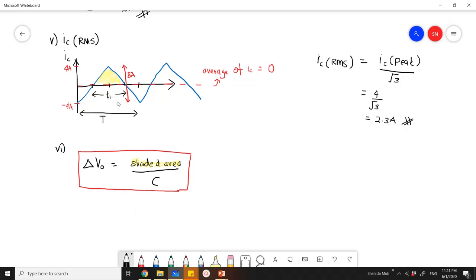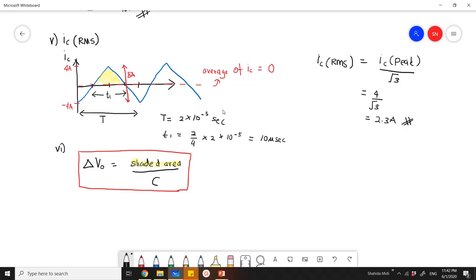T is given from the frequency. So T1 is 2 over 4, where 4 is 1, 2, 3, 4 parts, multiplied by 2 of the time T. So this will be 10 microsecond.